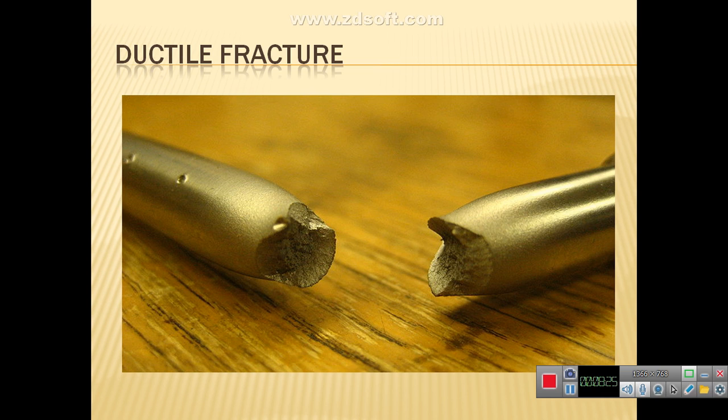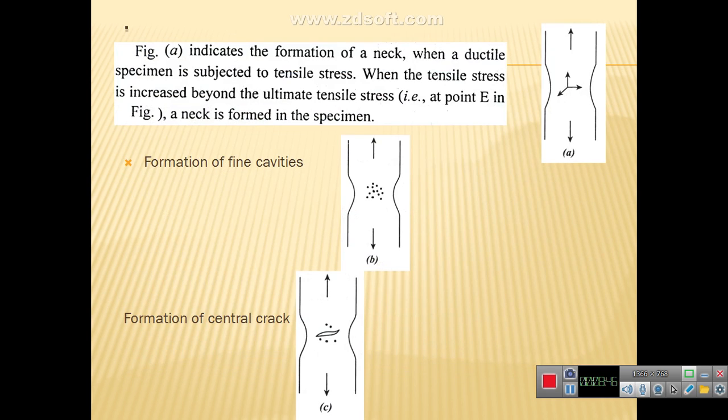Overall, fracture of a ductile macroscopic sample does not occur until the voids nucleated from different inclusions have grown sufficiently. When the ductile fracture surface is examined, the appearance is of dimples, as shown in the diagram. It is frequently possible to observe the inclusion responsible for nucleating the void within the depth of the dimple.